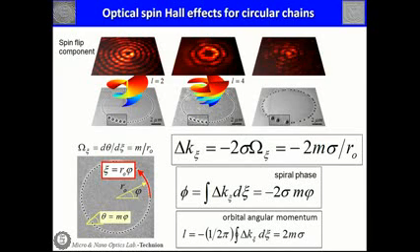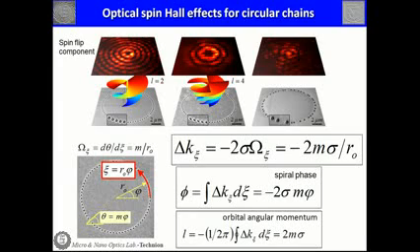A dark spot is a signature for orbital angular momentum, a signature for a spiral phase, and of course we can analyze it by taking xi as a path proportional to phi. Theta is the local orientation of the nanoantenna, which is equal to m phi.